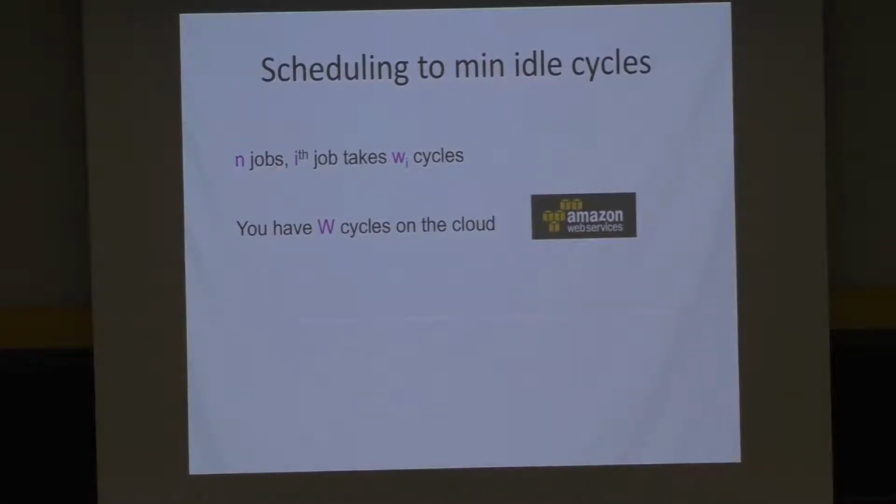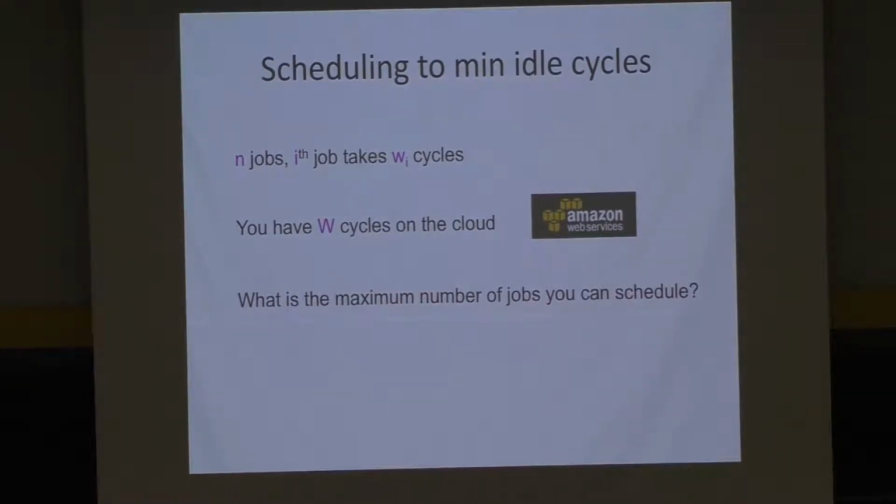And let's say you have already bought capital W cycles on the cloud, maybe on Amazon or whatever is your favorite cloud service provider. Then you can start asking questions like, what is the maximum number of jobs I can schedule given these constraints and this total amount of cycles that I've bought?